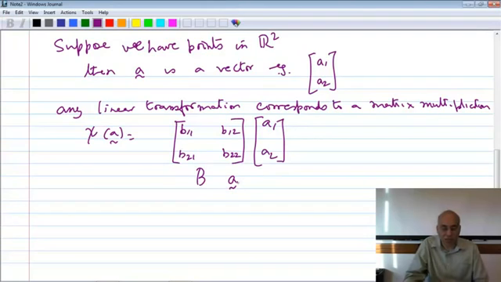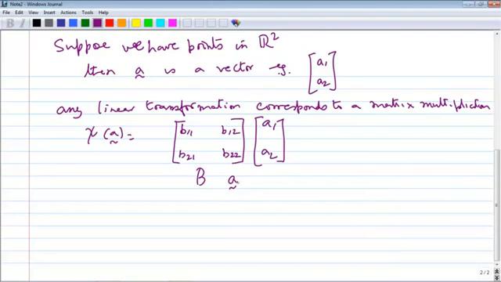And what we can show is that any linear transformation can be expressed by such a matrix multiplication. So we can think equivalently in this matrix notation. I like to have my points be column vectors.